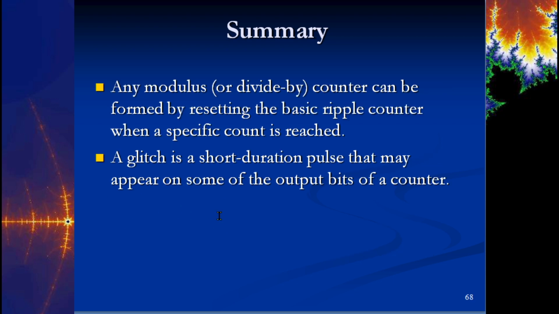Any modulus or divide by n counter can be formed by resetting the basic ripple counter when a specific count is reached, and that's where we used our resets. And it says a glitch is a short duration pulse that may appear on some of the output bits of a counter. So remember, when we create the asynchronous counter, we glitch on whatever mod it is. So if it's a mod 10, we count 0 through 9, and we glitch on 10 to reset the count.